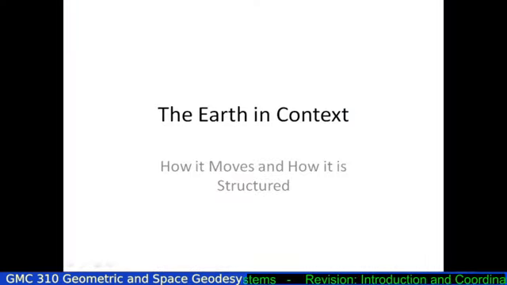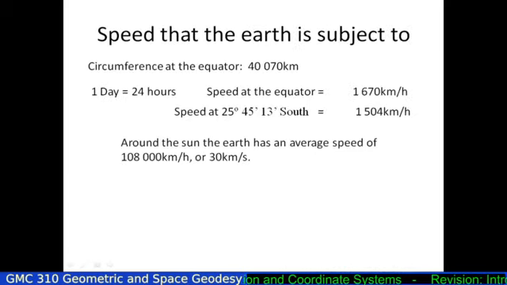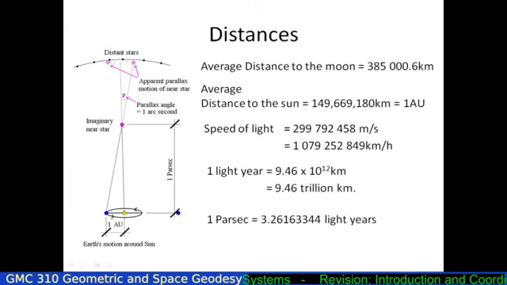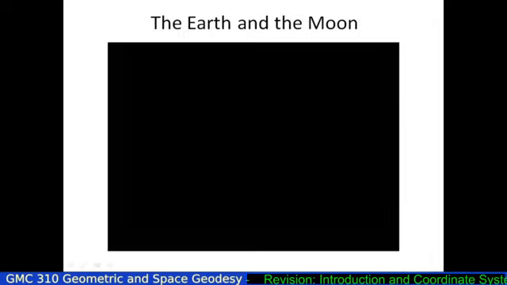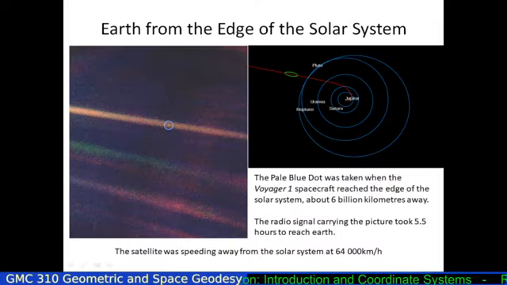Okay, so let's get into our lectures. The first thing, we had a little bit of an introduction where we looked at the Earth in context. Now it was just general things. It's not really stuff that you need to know. It's all about distances and how big we actually are.